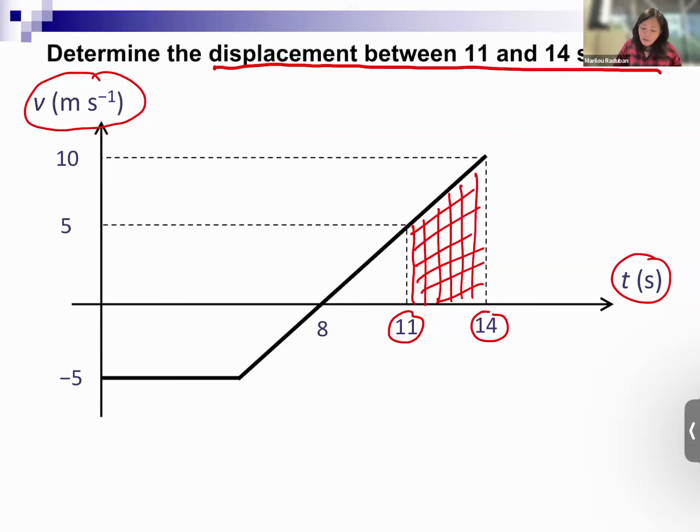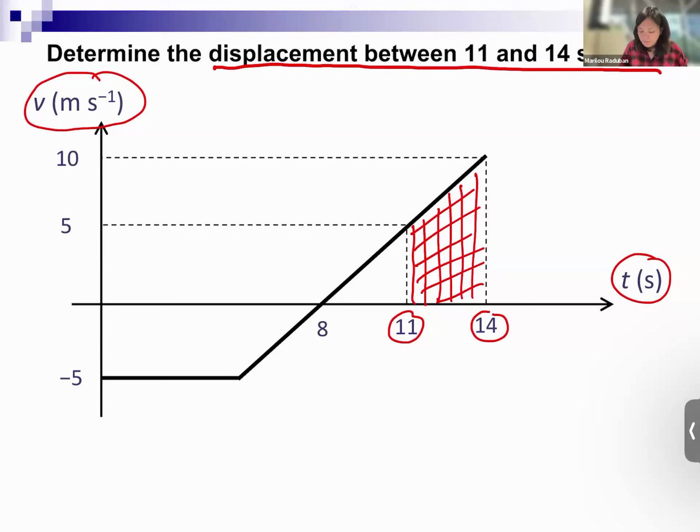Examining the shape formed by this part of the graph whose area we want to calculate, notice that it's a trapezoid, right? You have two sides that are parallel to each other, therefore giving you two bases. And then the distance between those two parallel sides defines the height of the trapezoid.